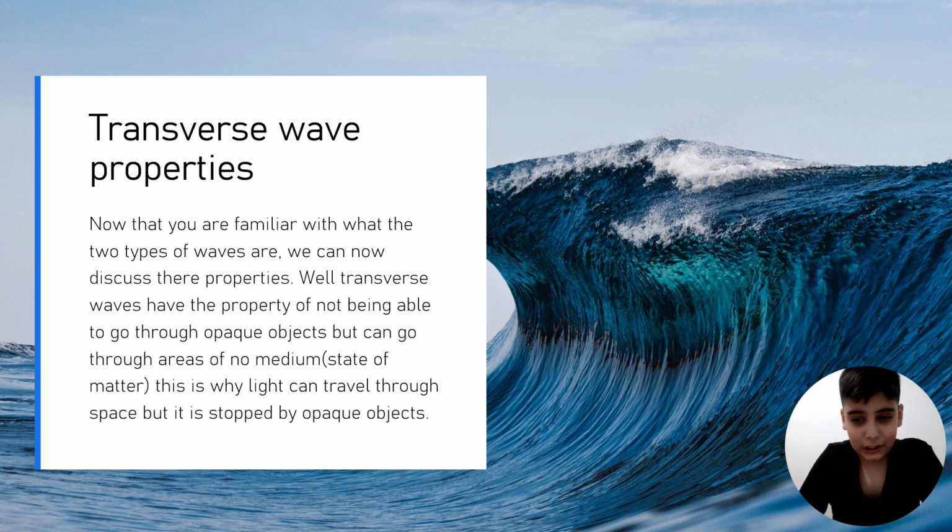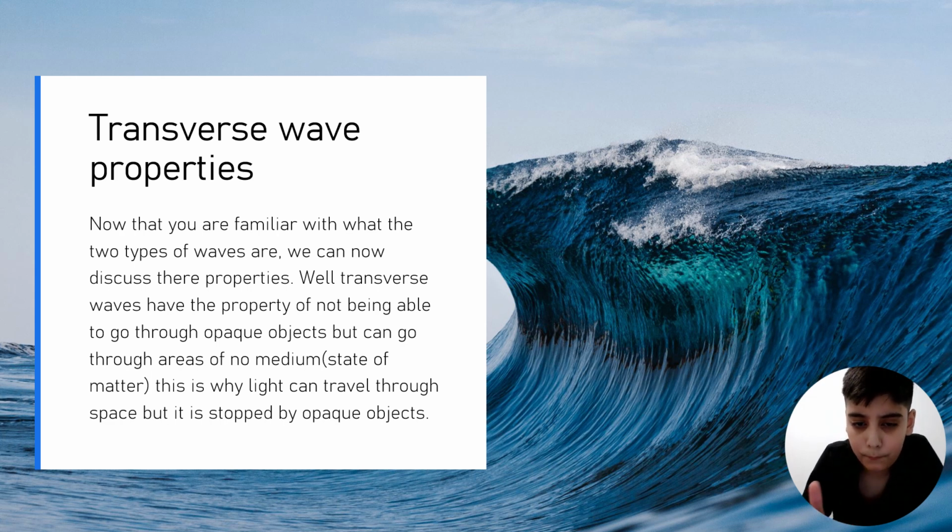Now let's move back onto transverse waves and look at their properties. Maybe you know them. So let's think of the examples of the transverse wave. What examples did we have? Light.